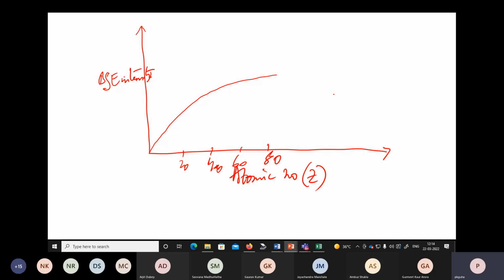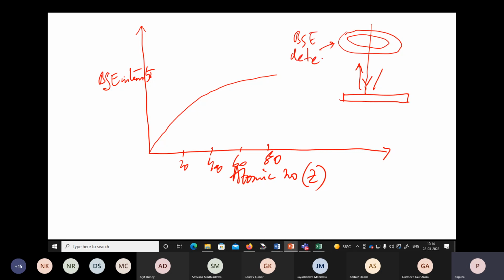If this is my specimen, the incident electrons enter, and the backscattered electron detector is here, and they are reflected back and collected by this detector. The higher the value of Z, the higher the BSE intensity, so you get brighter spots in the backscatter detector for higher Z.